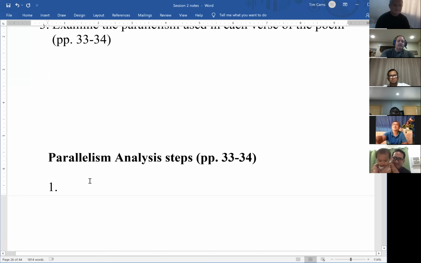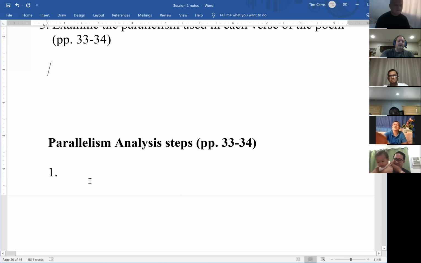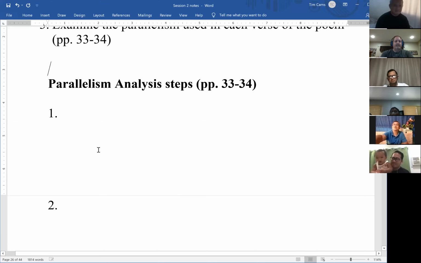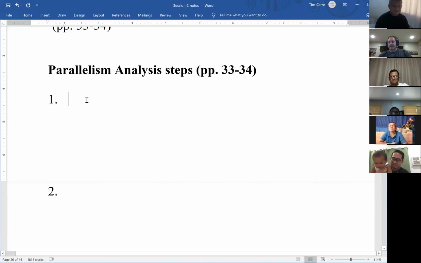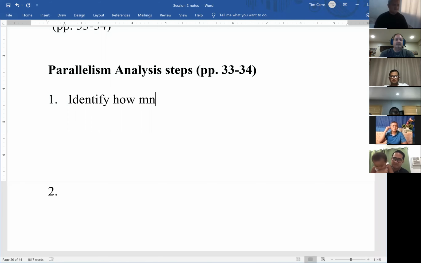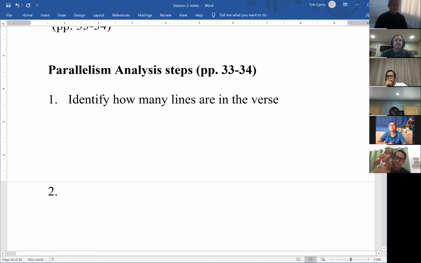But let's review parallelism first. What are the steps? Essentially there are three steps for parallelism analysis. The first step is to identify how many lines are in the verse, because sometimes we can have a bicola.